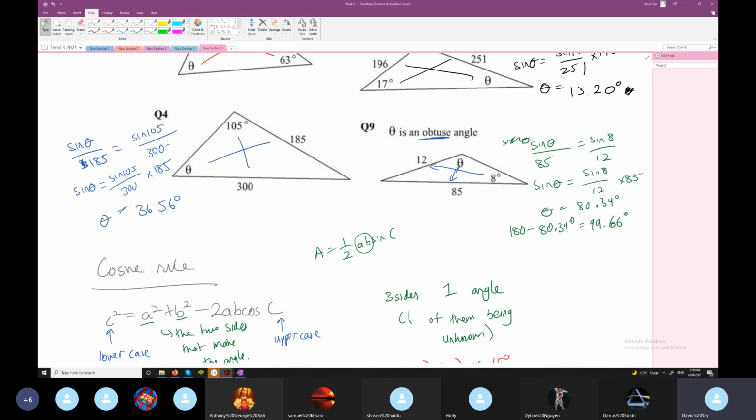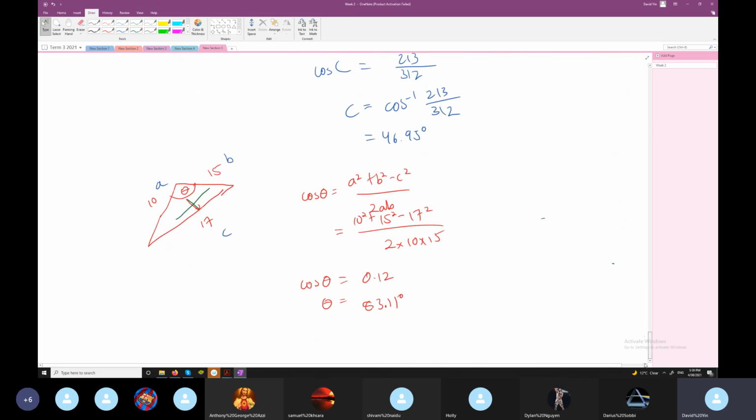So unit 11, 12, 13, 14, 11 to 16. What you guys should be doing is units 11 to 16 for homework. I'll write it down here. So homework should be unit 11 to 16.